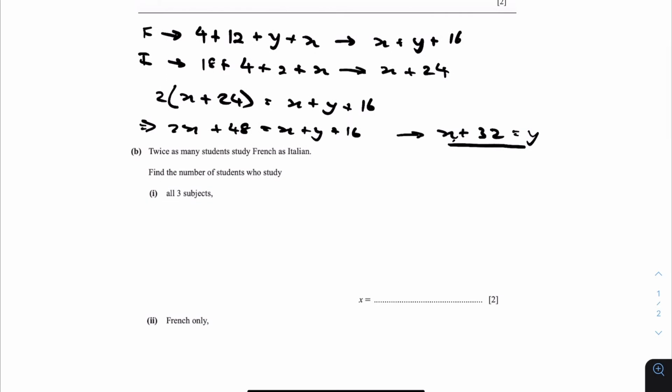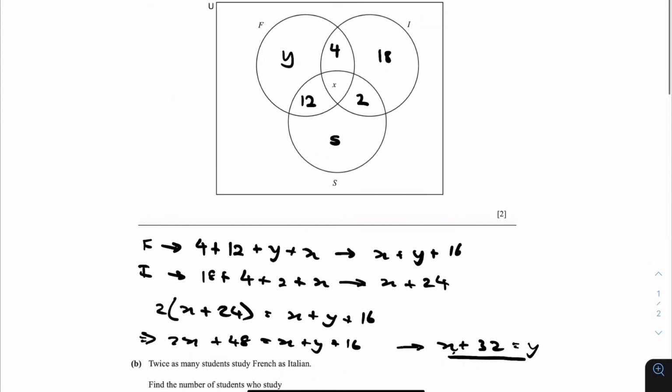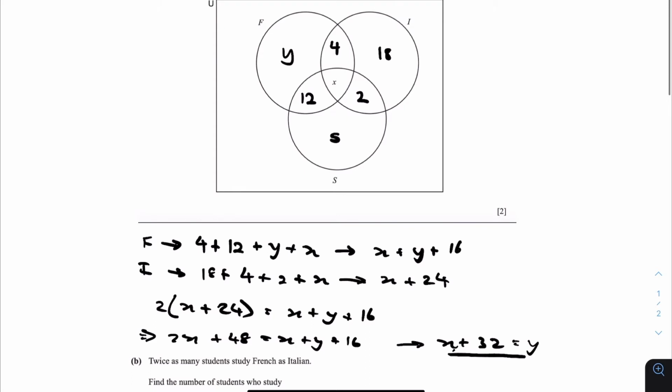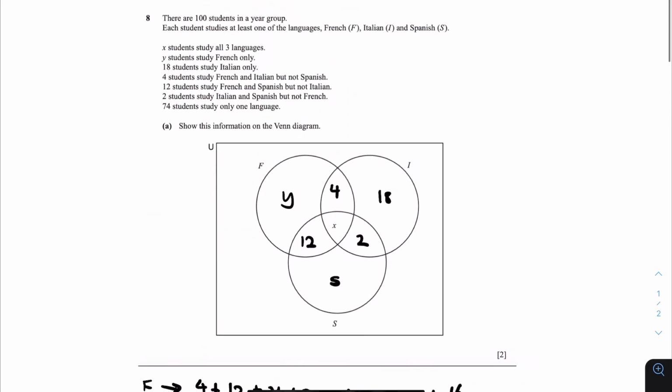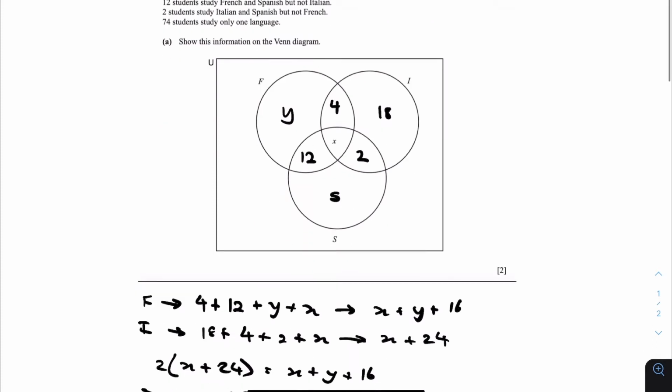Now we have to find the number of students who study all 3 subjects. And for that, we need to find the number of students studying French. They've given us another equation, that 74 students study only one language. So that would be this plus this plus this.